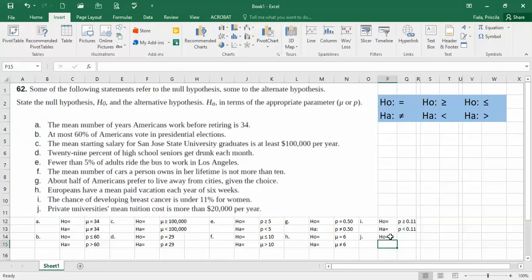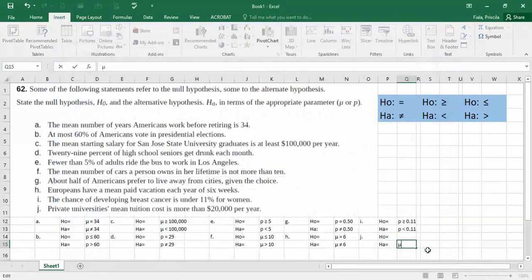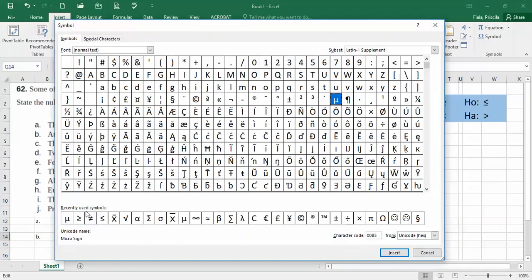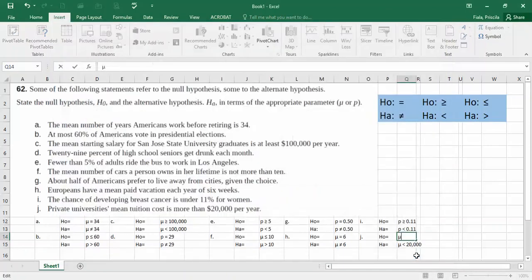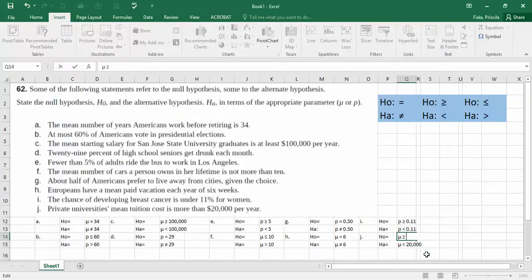Therefore, if your alternative is that the mean is more than 20,000, your null hypothesis is that your mean has to be less than or equal to 20,000, since the null hypothesis holds the equal sign. There you go.